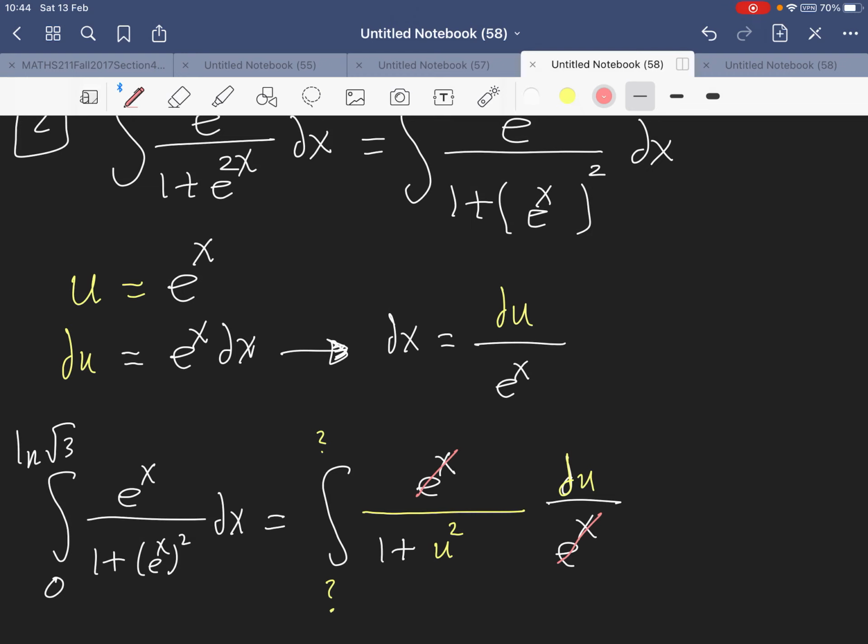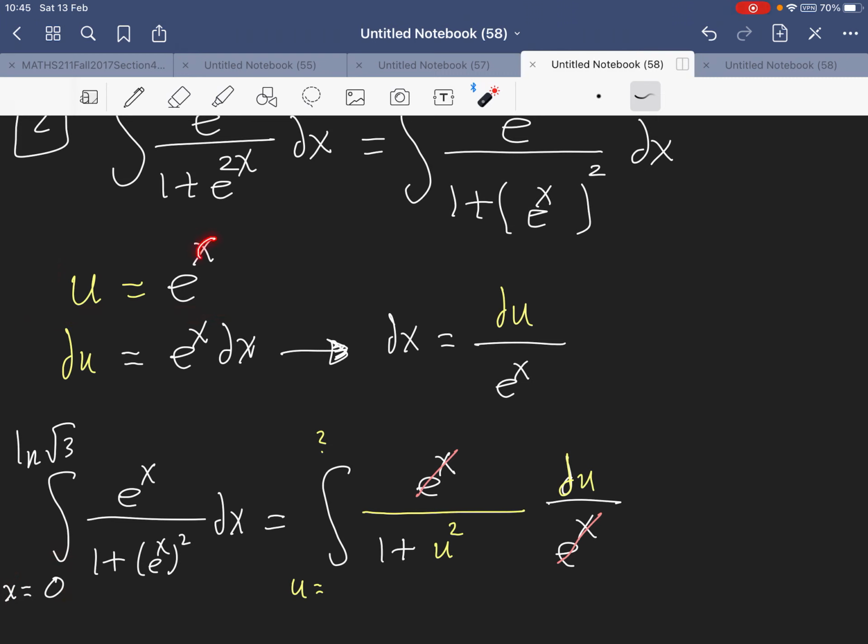Now there is one thing we also need to substitute, which is the numbers. Now remember, x equals 0. How much will u be? The only way to do this is you go back to this equation here, and instead of x you substitute 0.